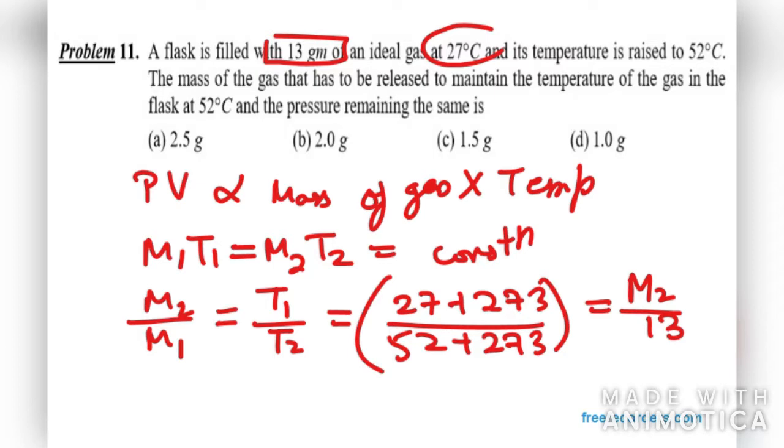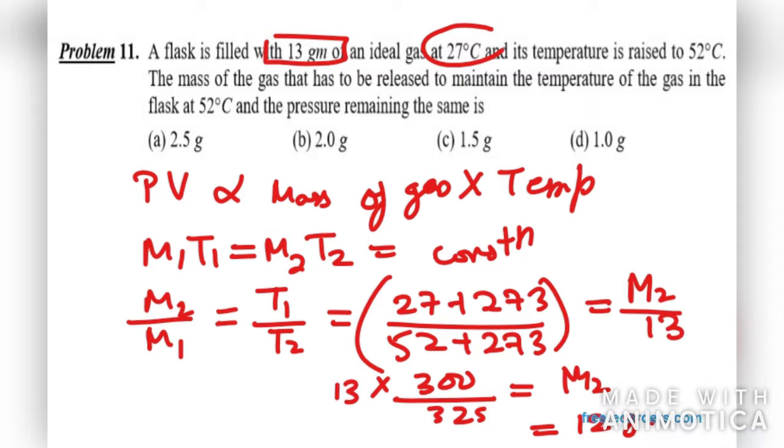Solving this, we get 300 over 325 equals m2 over 13, and after solving you will get your answer as 12 gram.